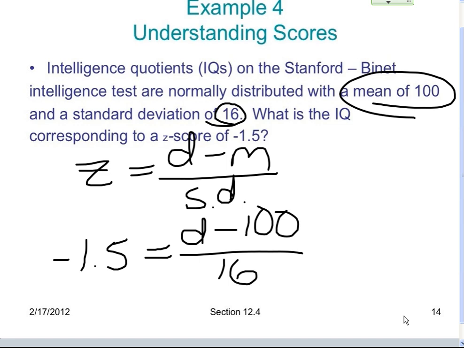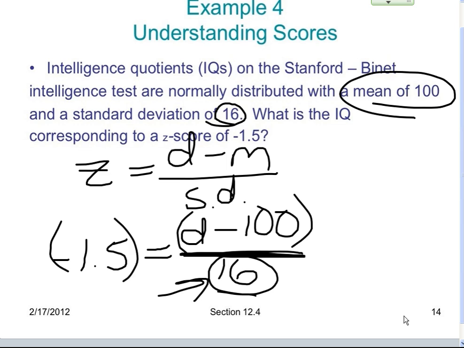Now you want to solve for D. Before you can solve for D, you have to get rid of this 16 in the denominator. What this says is divide by 16. The opposite of divide is multiply. To get rid of the 16 in the denominator, you're going to want to multiply both sides by 16.